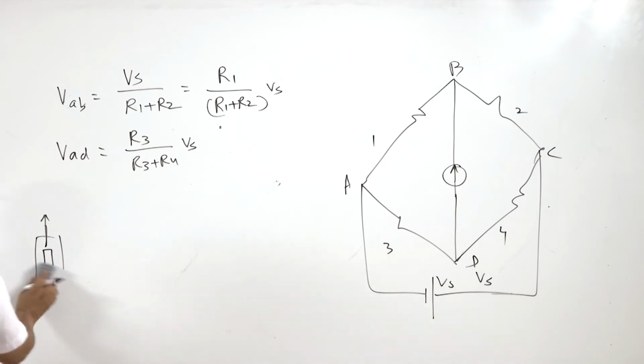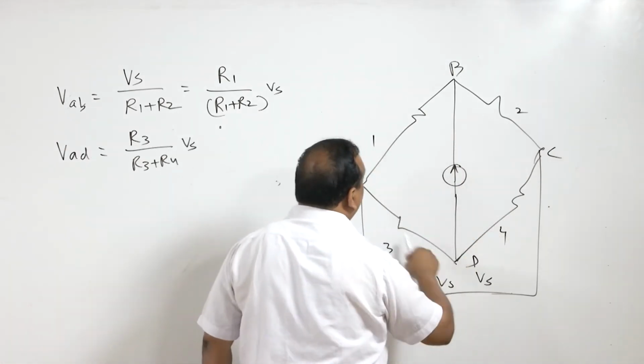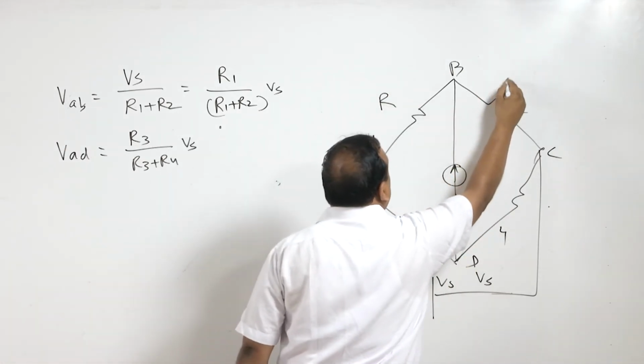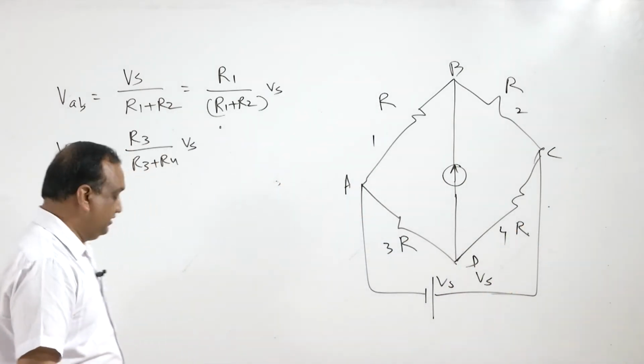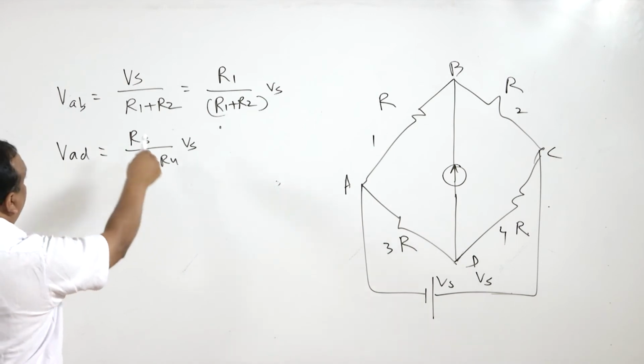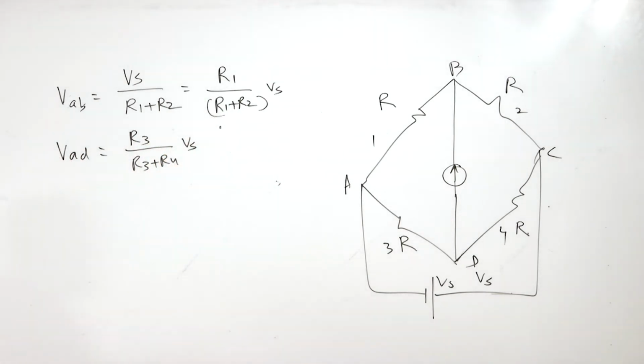So in this case, when the load is applied on the strain gauge, because all the resistances have the same R, this is R, this is R, this is R, and this is R, right? So when all are the same, then we can say this is 1 by 2 Vs, R is equal to R1 plus R2, right?